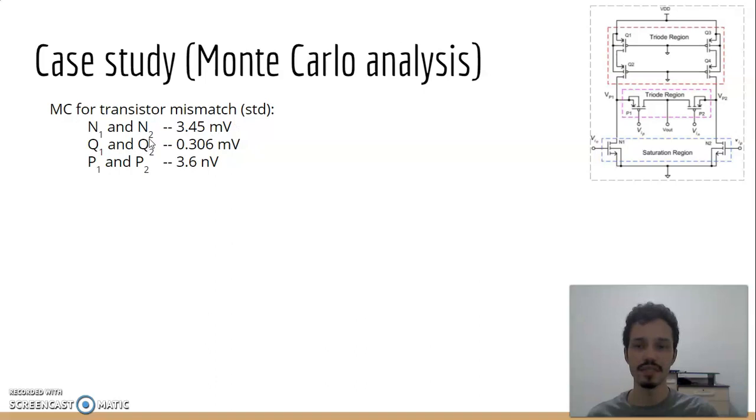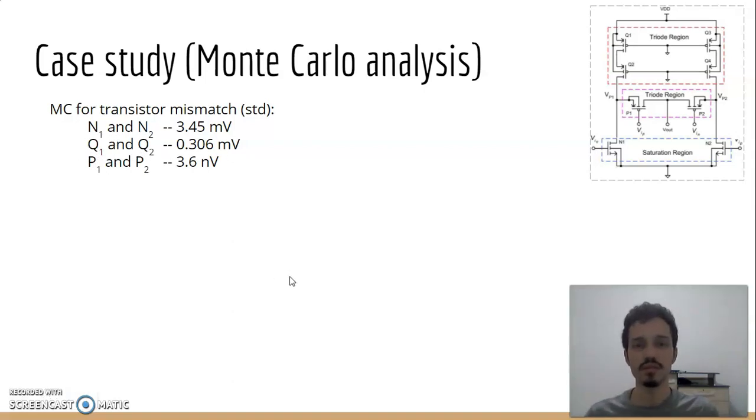For the Q devices, we have a standard deviation of approximately 0.3 millivolts, and for the P devices, 3.6 nanovolts. This is evidence that the group N is more sensitive to mismatch than the group Q, and that the group P is much less sensitive than both of them.